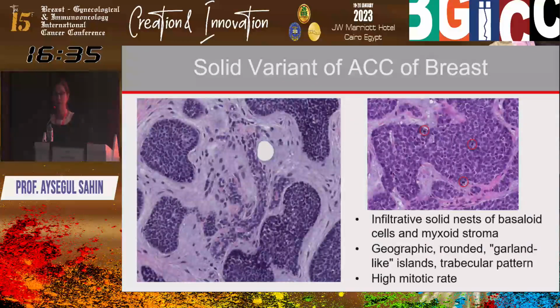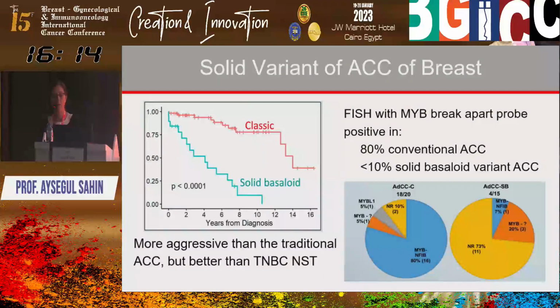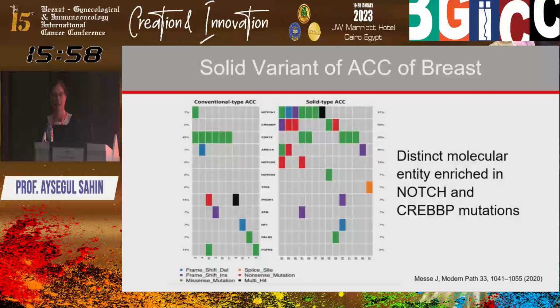It has been reported that solid variants, characterized by infiltrative solid nests and geographic rounded islands with a high mitotic rate, do not have as great a prognosis as classic adenoid cystic carcinoma. Again, these are rare tumors, but if predominantly solid, they do better than invasive ductal carcinoma, but they are not as good as the classic type.